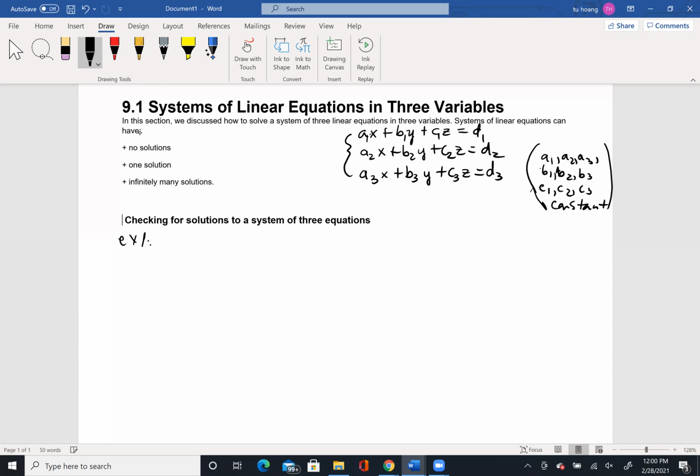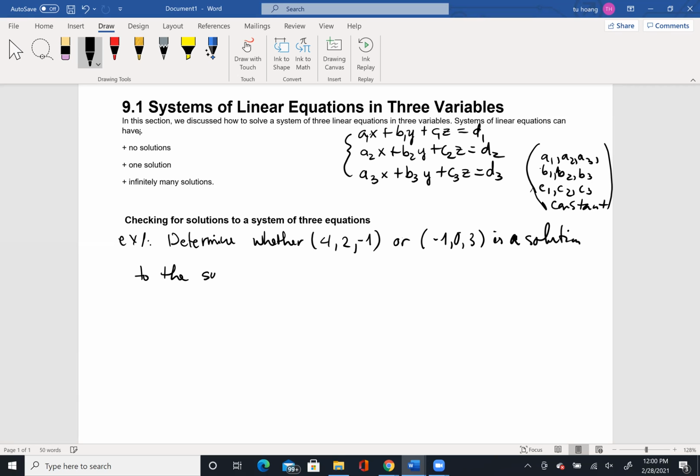Number one, determine whether (4, 2, -1) or (-1, 0, 3) is a solution to the system.